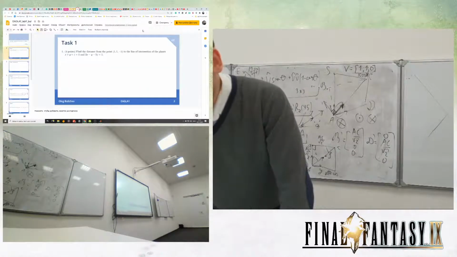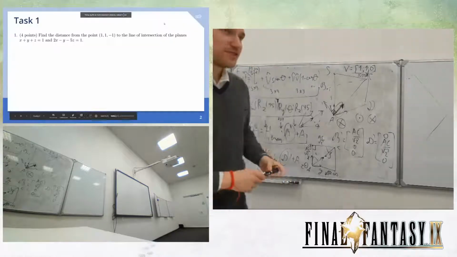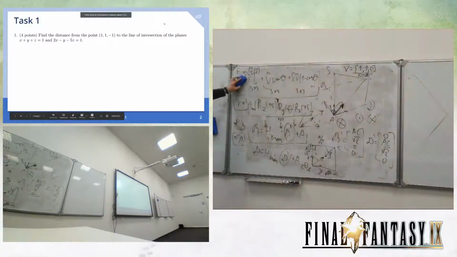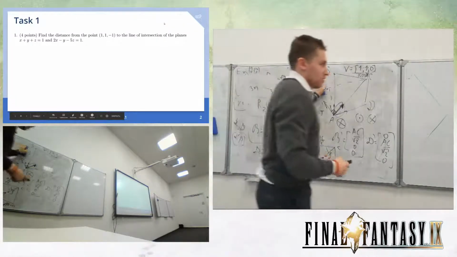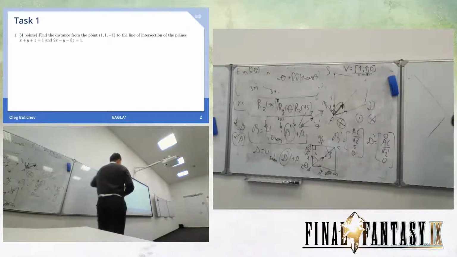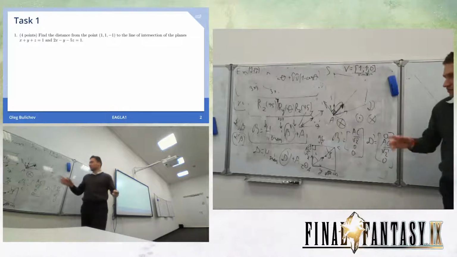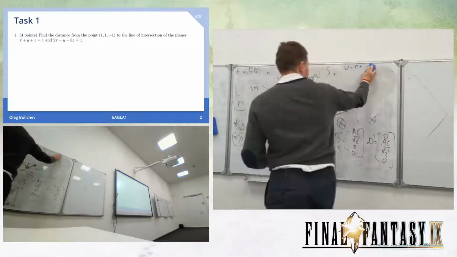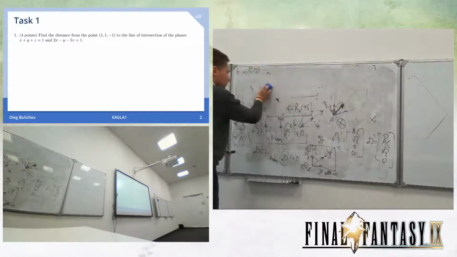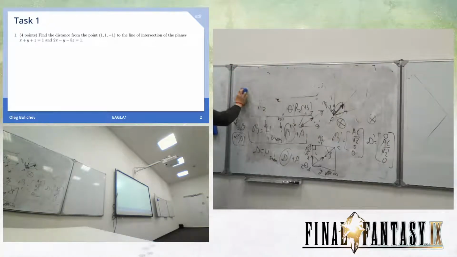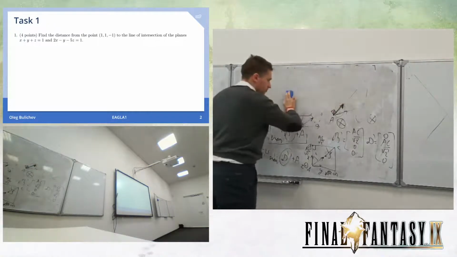Let's go to the beginning. So go to the flex tasks. Okay, the first one. I hope. Okay, the algorithm. Find the point of intersection. First of all, you need to find the line probably. Yes, find the point, and then we find the direction vector of the line, then get some point from this system of linear equations.